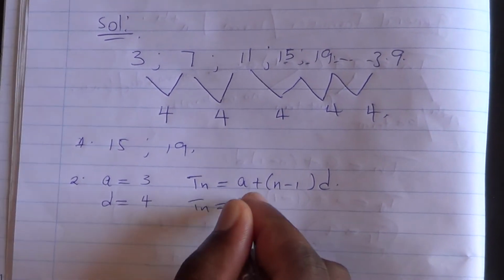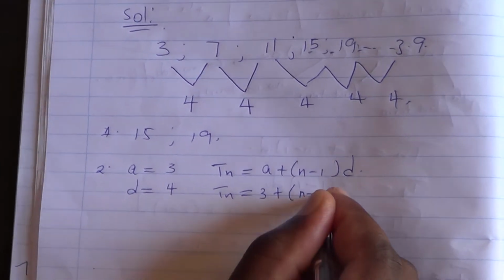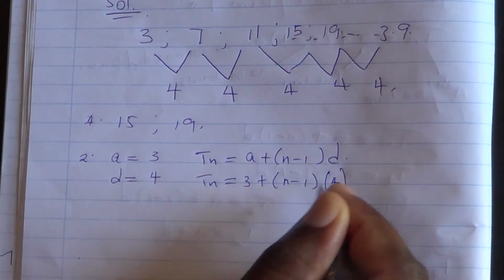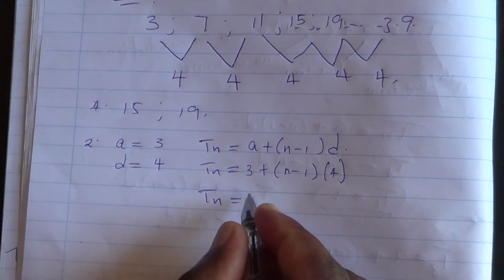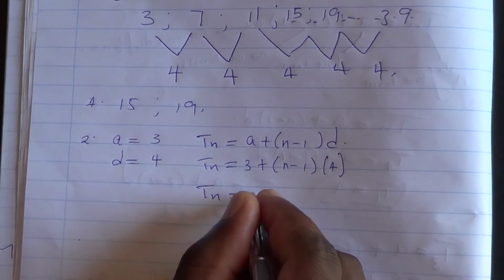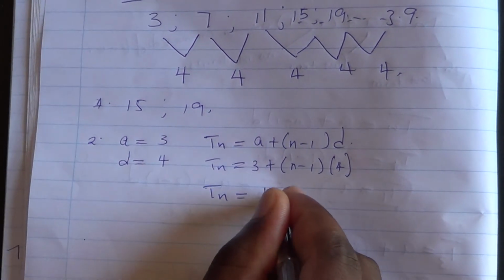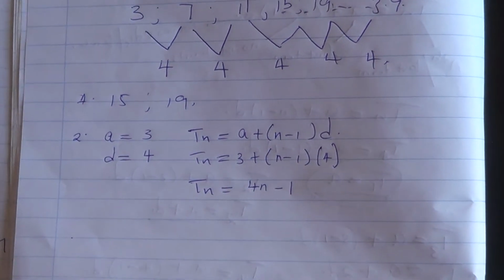What is your a? 3 plus n minus 1. Our d is 4. Now after simplifying, the nth term is going to give us 4n minus 1.